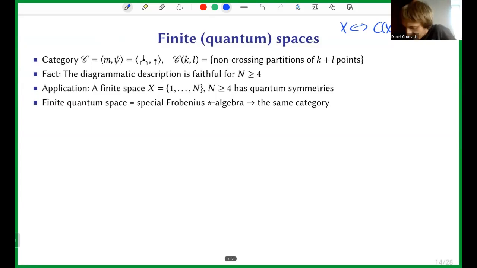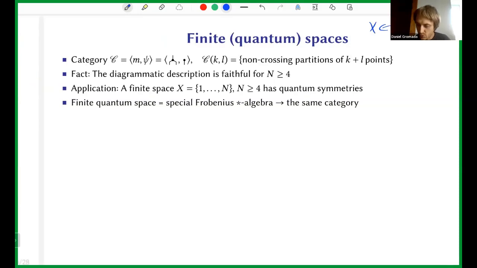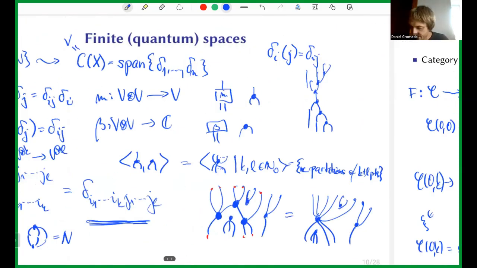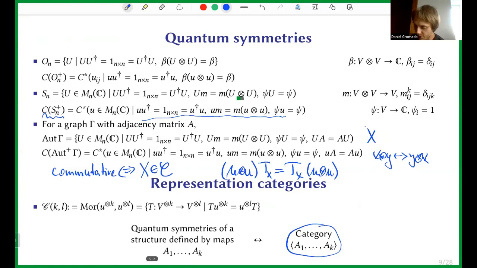You might ask the question, does this mean that the associated quantum group is the same? And the answer is no, because, if I go back here to this correspondence between quantum groups and categories, it is true that there's a one-to-one correspondence between quantum groups and categories, but the category we speak about should be concretely realized by linear maps.